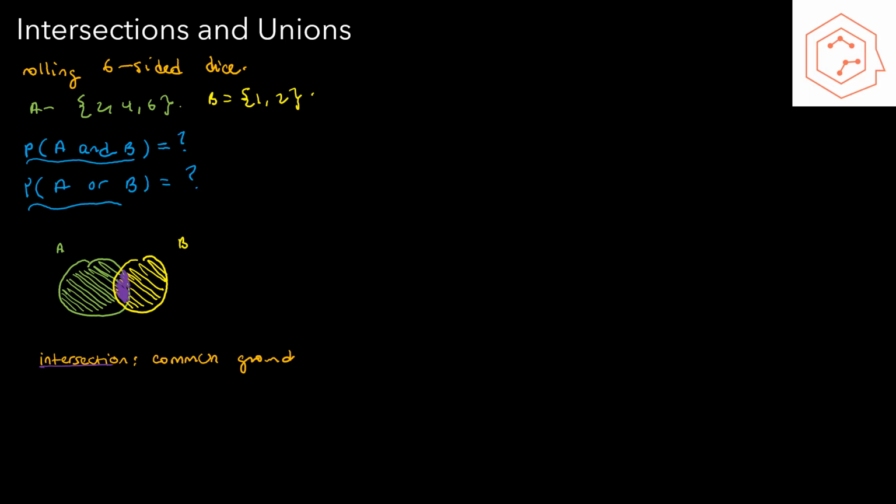And the way we write that is A and then a little n, or an upside down U, B. That means what's common between A and B. And in this case, that's equal to 2, because 2 is in B and 2 is in A. And so if we wanted to know the probability of A and B occurring, P of A and B, that's the same thing as saying P of A intersection B, because whatever is in the intersection satisfies both A and B.